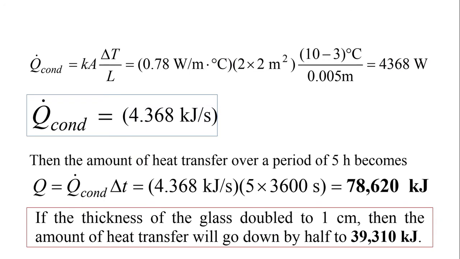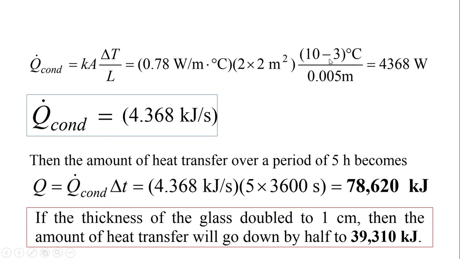Let's put the values in this formula. The 0.78 watt per meter per degree centigrade is the thermal conductivity, and 2 by 2 meter square is the surface area, both given in the question statement. 10 minus 3 degrees centigrade is the temperature difference, where 10 is the temperature of one side of the wall and 3 is the other side.